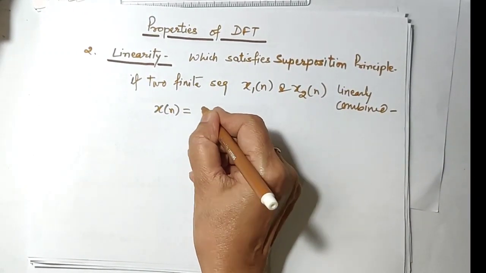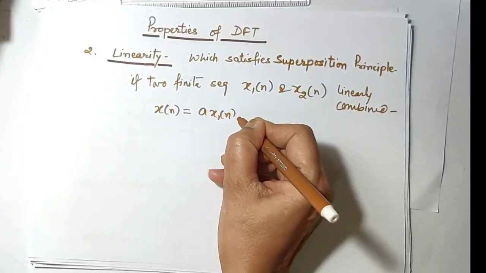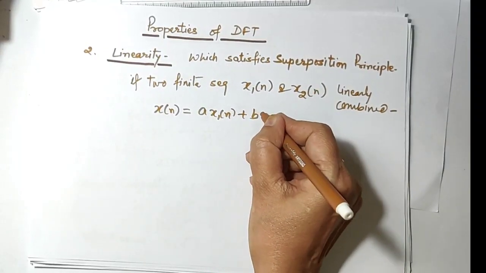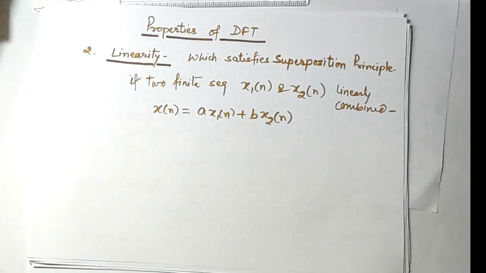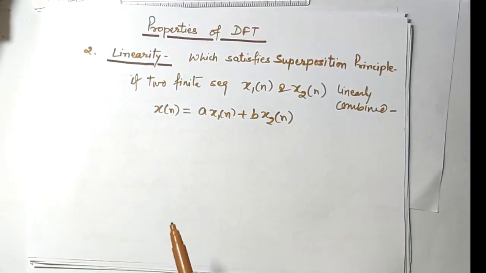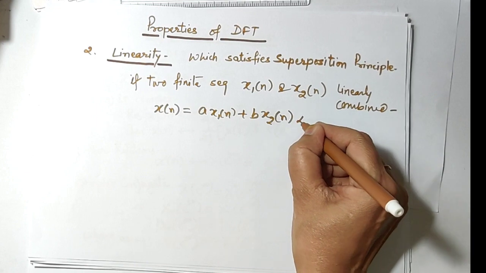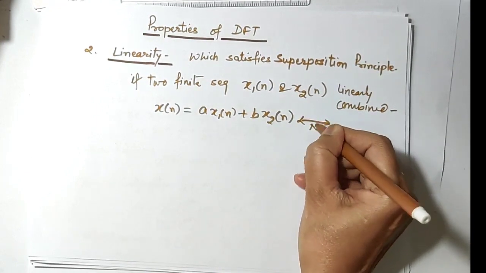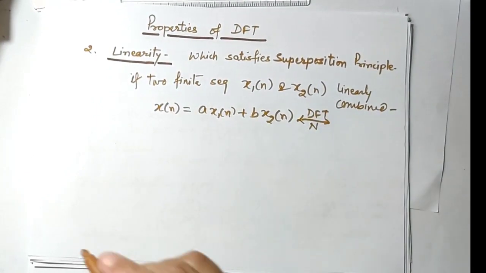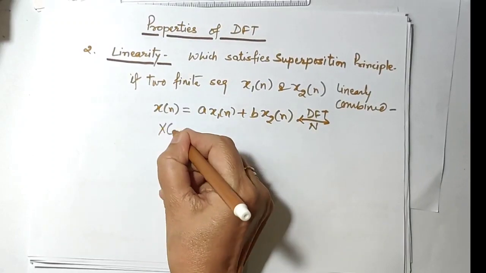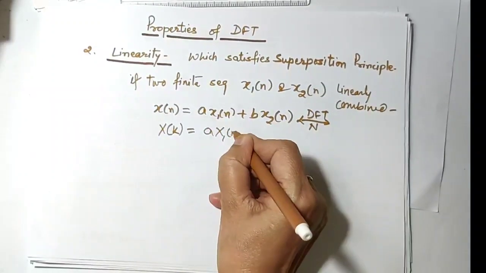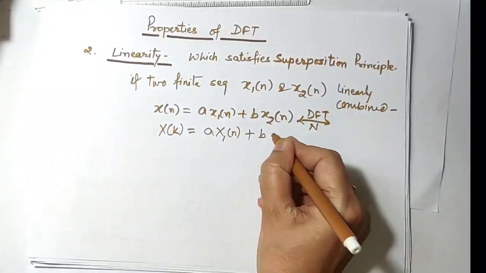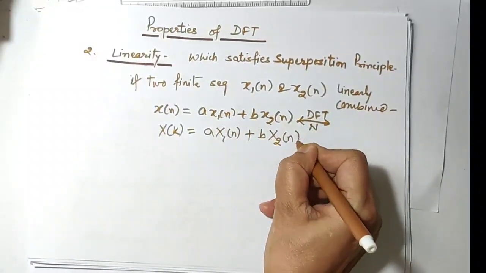In such a way that a x1(n) plus b x2(n) is the sequence, then its N-point DFT will be X(k) of a x1(n) plus b x2(n). It is very simple.